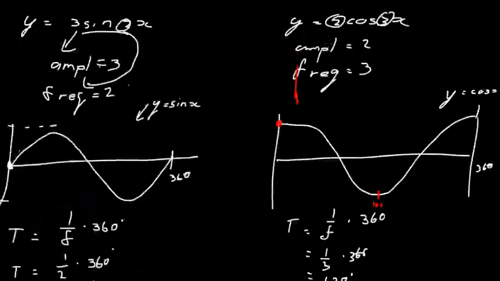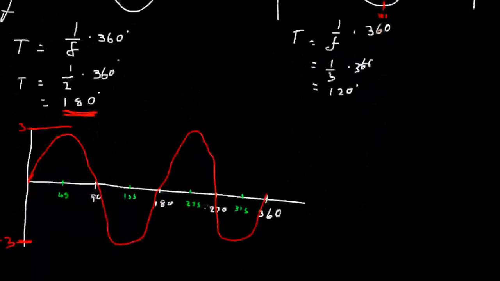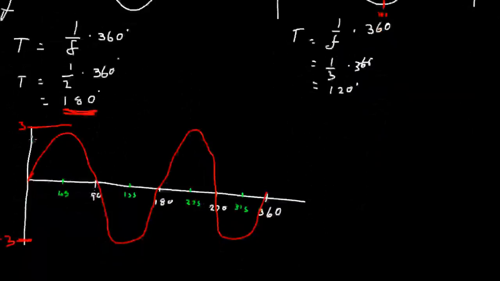We're drawing this one. It has an amplitude of 2, and because it's a cos graph, it starts at its amplitude. So it starts here at 2, and the period is 120, so within 120 degrees it will have done a full up and down.